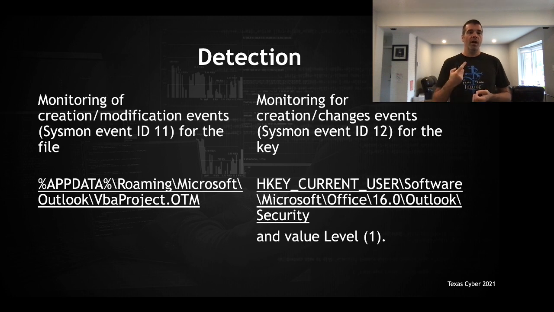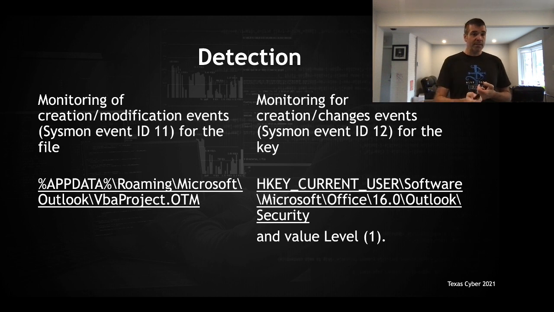First of all, the creation or modification of the file VbaProject.otm, and the modification or creation of the registry key that is listed here, and specifically if the value is set to 1, because 1 is the value for run without notification.